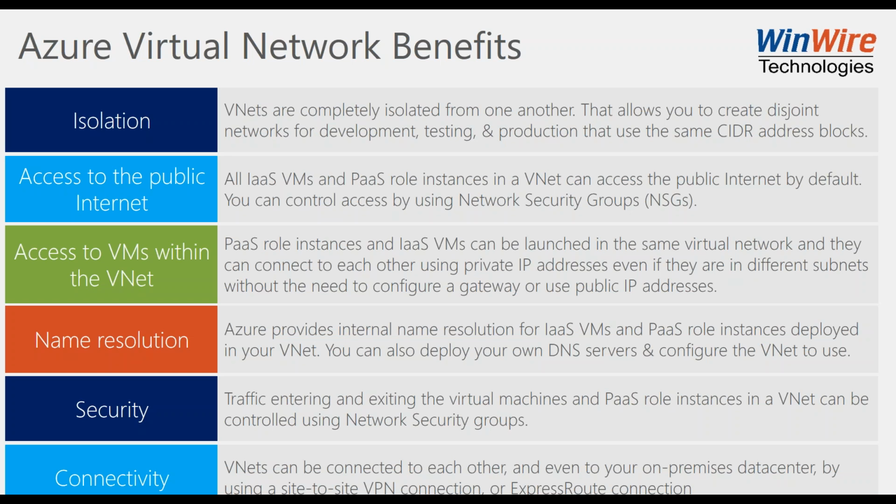We did discuss name resolution a little bit, and the whole point of that is that you can use your existing DNS or you can migrate DNS to Azure. It really is your choice. And then finally, you can use the network security groups as firewalls. I think we've covered that. And the connectivity, we discussed also, with ExpressRoute versus the site-to-site VPN.